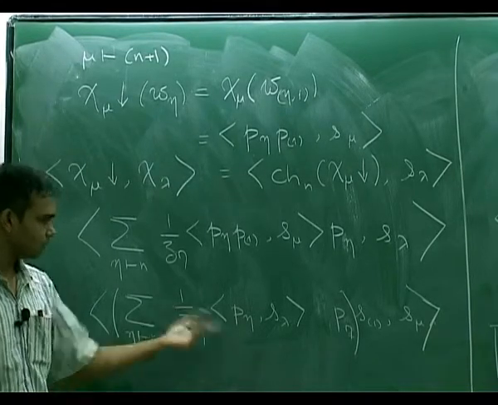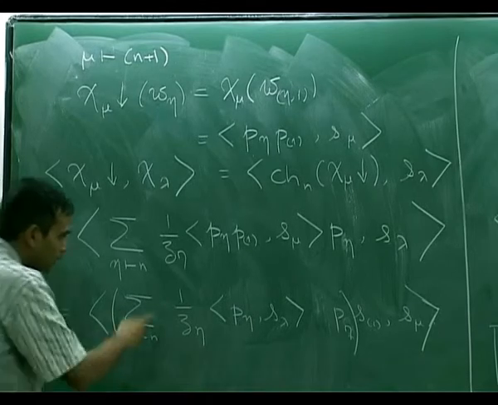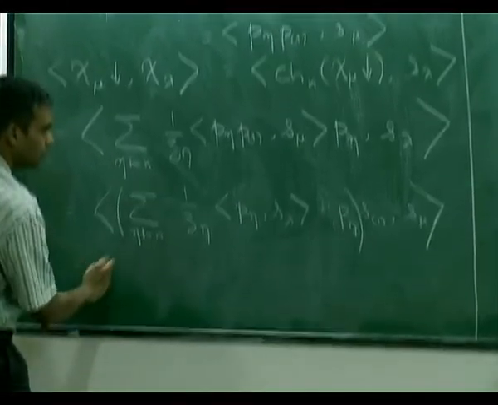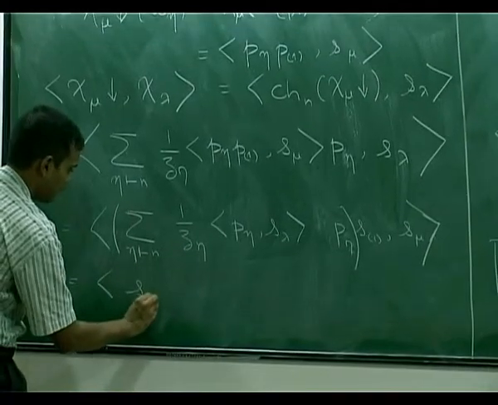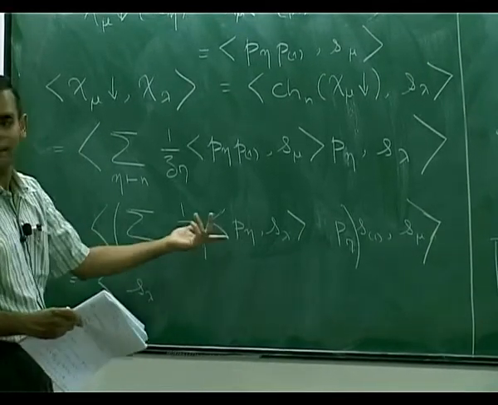So it just uses the bilinearity of the form, and that is just s lambda, right? That's the characteristic function of chi lambda.